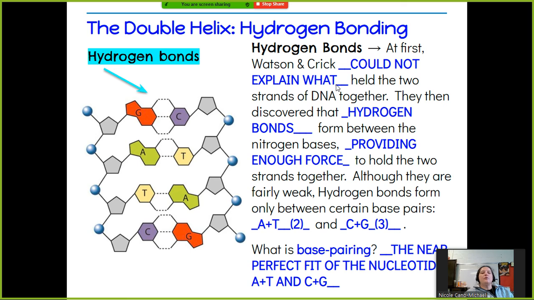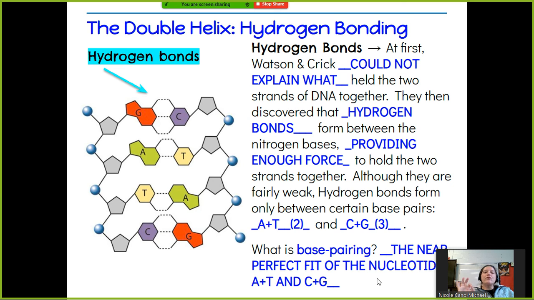Now, I do want you to note that A and T are always bonding together. And they have a double hydrogen bond. Cytosine and guanine always bond together, which makes sense because they have to appear in the same percentages. And between cytosine and guanine, we will always see 3 hydrogen bonds. This is what is known as base pairing.